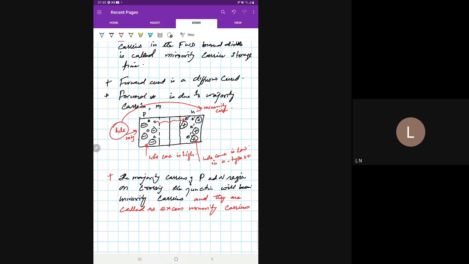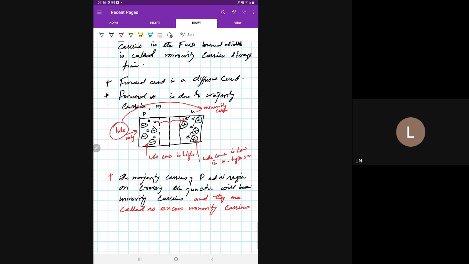There was a natural, intrinsic concentration of minority carriers, but upon movement of these majority carriers to the other area, we are basically adding some more minority carriers.